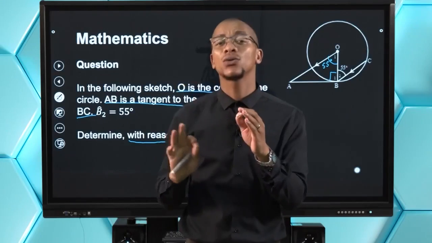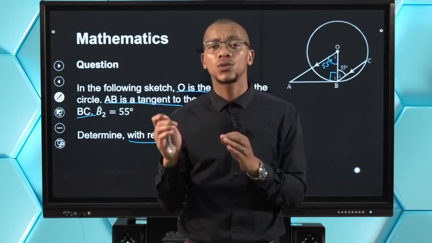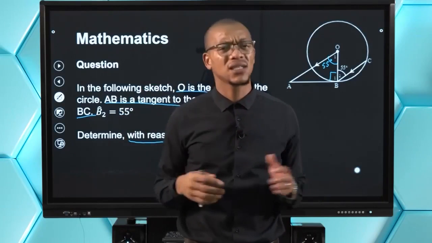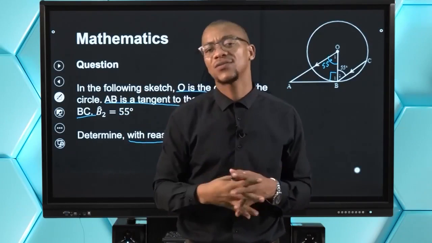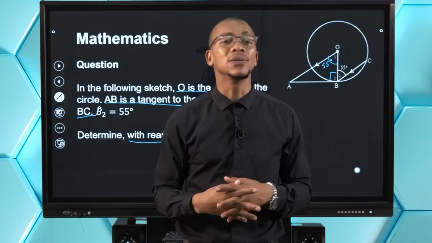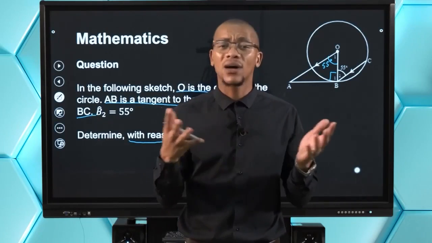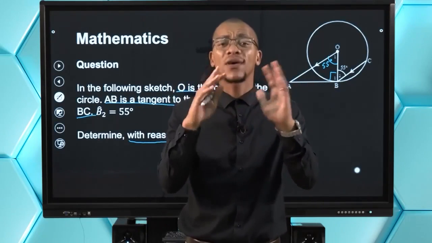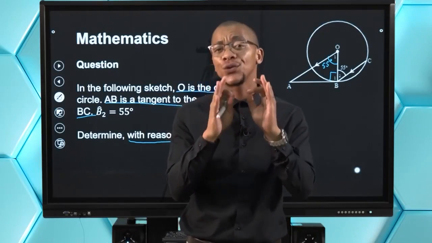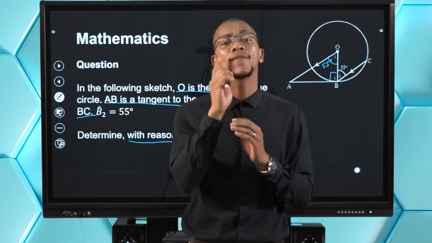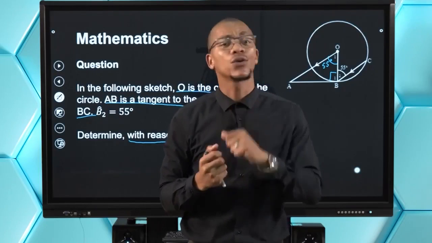I hope you wrote down those reasons so that you know exactly what types of reasons you're going to use when you're trying to prove or solve certain things. You can also find them on the DBE page. Whenever you're studying, you can go to the Gauteng Department of Education page and find the acceptable reasons for Euclidean geometry that they've put forward. So please make sure that you adhere to those reasons, because I promise you, we're going to penalize you if you don't use the proper reasons.